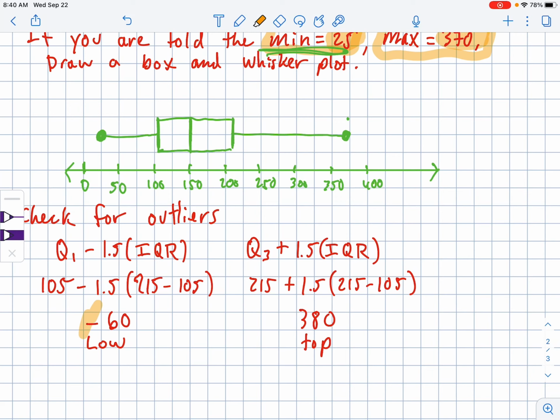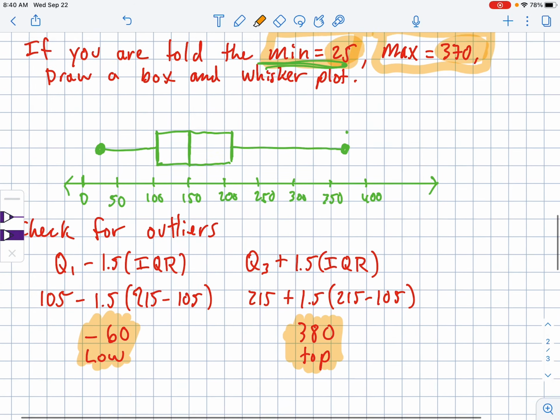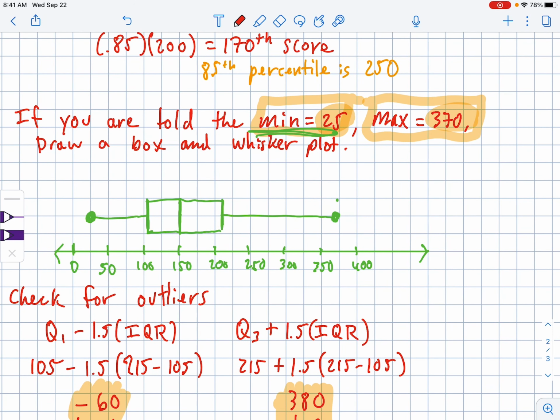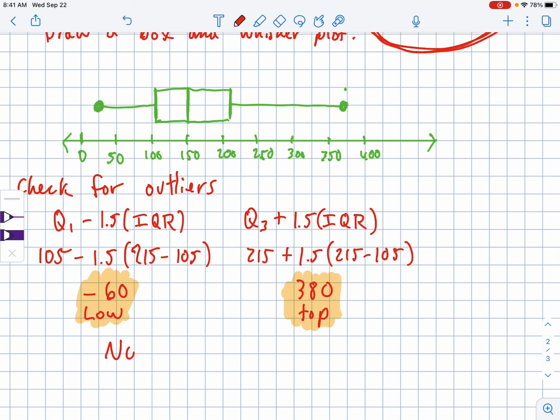So this is the low and this is the top. Anything below the low or above the top would be an outlier. Did we have anything above 380? No, because they told us the biggest they had was 370. So, no outliers.